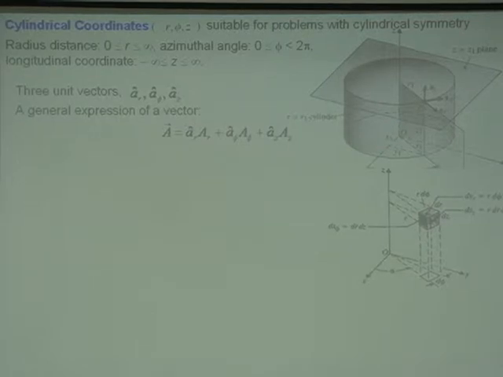So again, we have to define the 3 directions that describe this cylindrical symmetry. And the 3 directions are r, small r, and phi, and z. Along this axial direction is the direction of z.